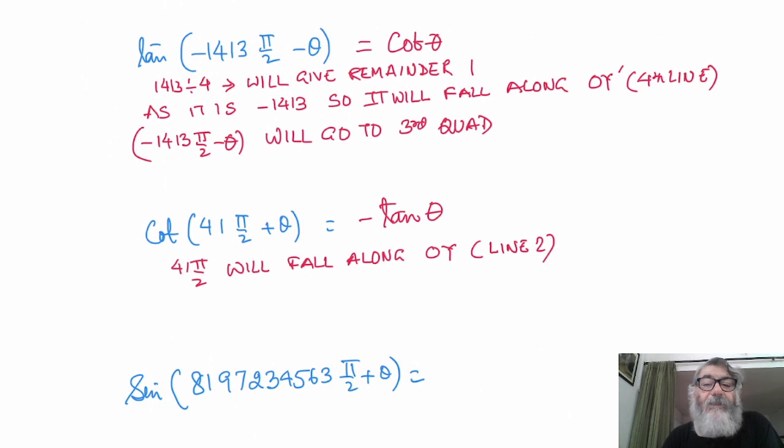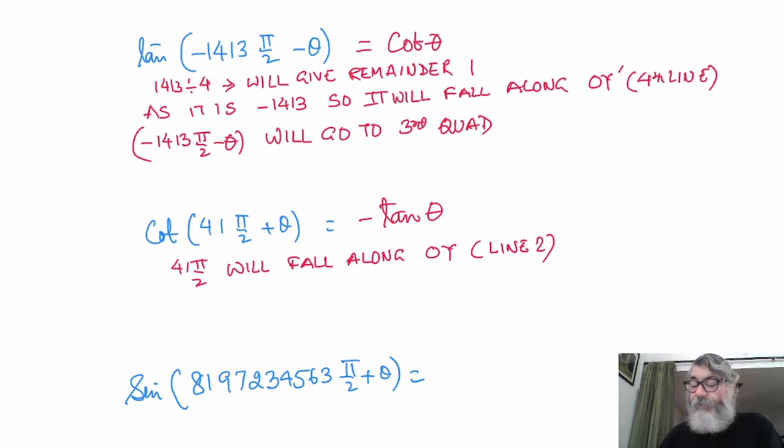Depending upon whether plus theta, minus theta, or whatever it is, it will fall into the first, second, third, or fourth. So this 41 pi by 2 plus theta falls along the second line, and plus theta means it will come into the second quadrant, where only sine and cosec are positive, and it is cot, so it is negative.